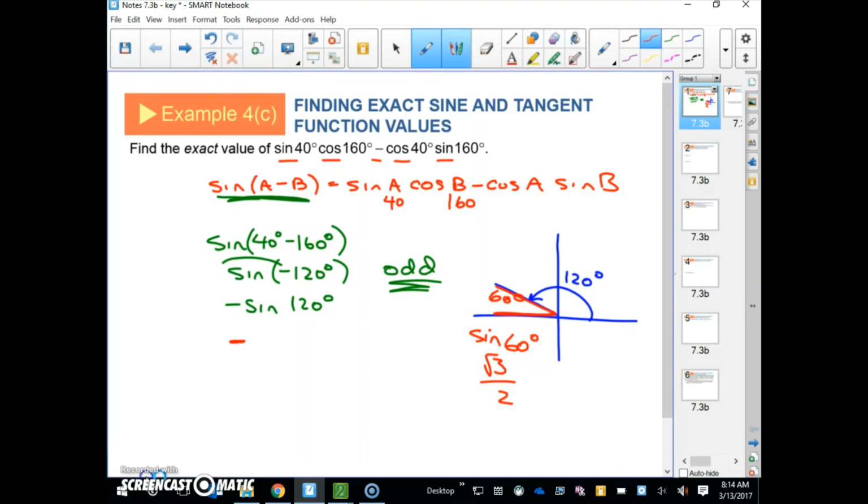So anyway, sine 120 is like sine 60, but it's in the second quadrant, meaning it's positive, so that's square root of 3 over 2. Sine 120 is square root of 3 over 2. We know that. But we've got this negative sign in front. It's negative sine 120, or the opposite of sine 120, so the opposite of square root of 3 over 2.